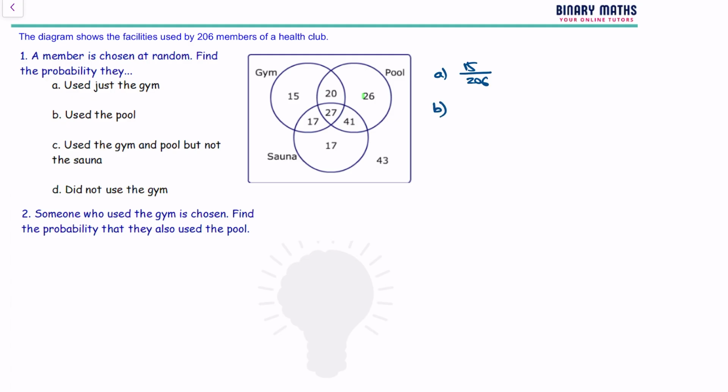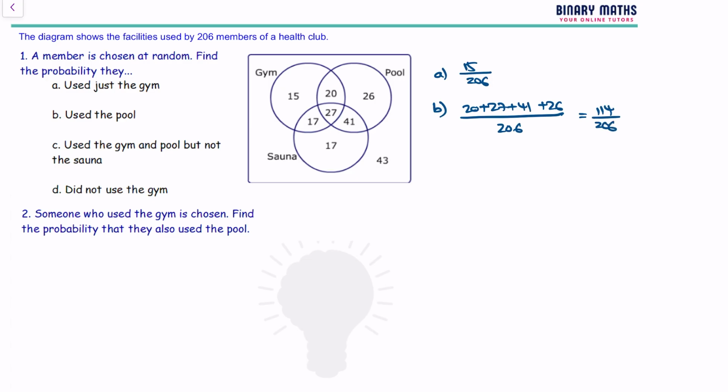So the pool is this part, this part, this part, and this part. So everything within the pool circle. So if I add these numbers together, I end up getting 20 plus 27 plus 41 plus 26 out of 206, which is equal to 114 out of 206.